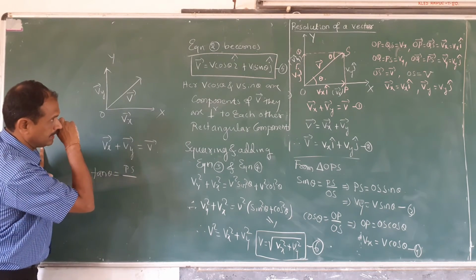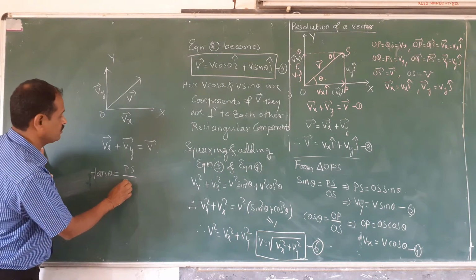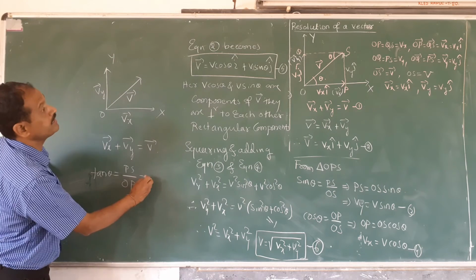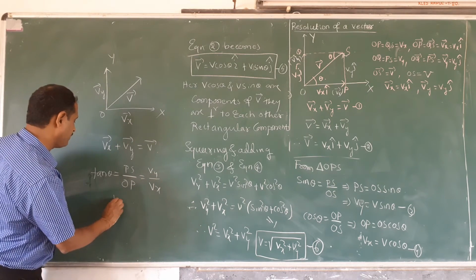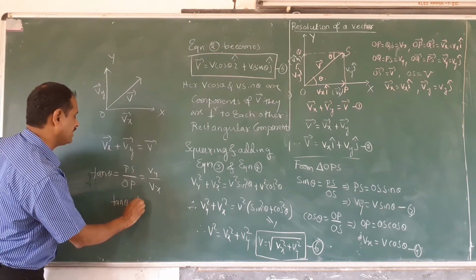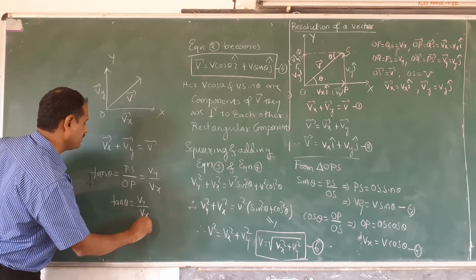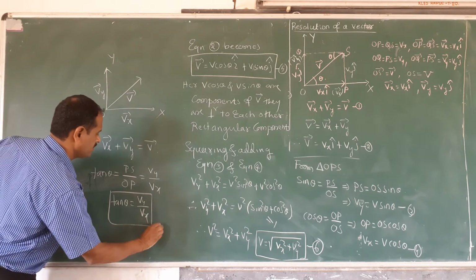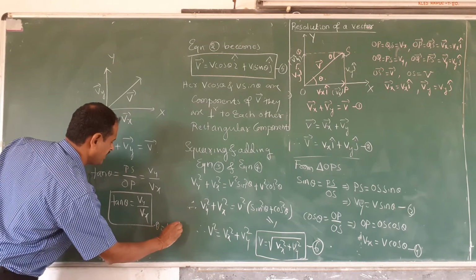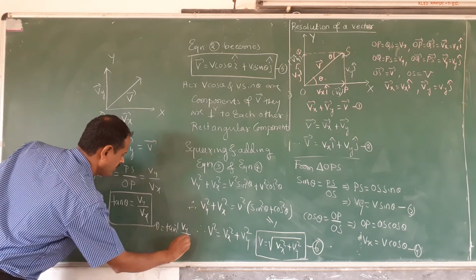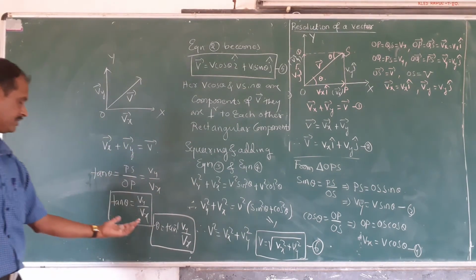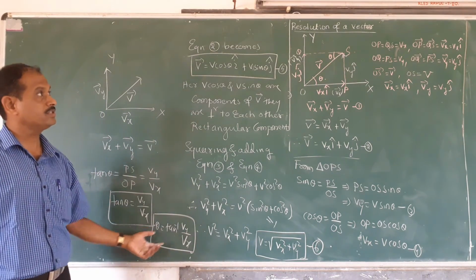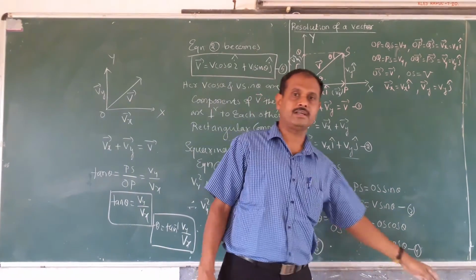PS means Py and OP means Px. Therefore, tan theta is equal to Py by Px. This is very important. Theta is equal to tan inverse of Py by Px. It gives the direction. This is about resolution of a vector.